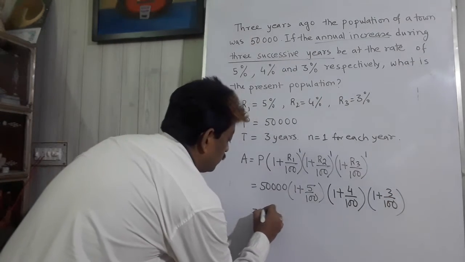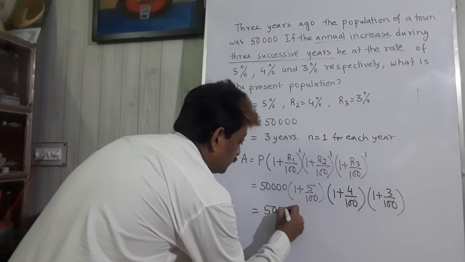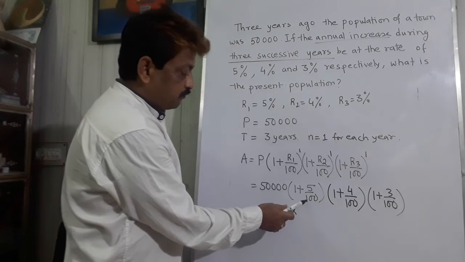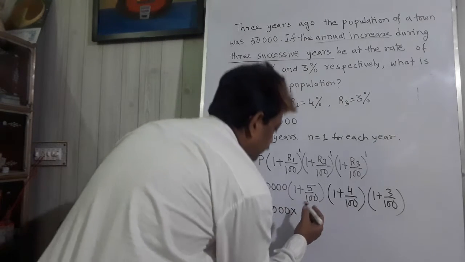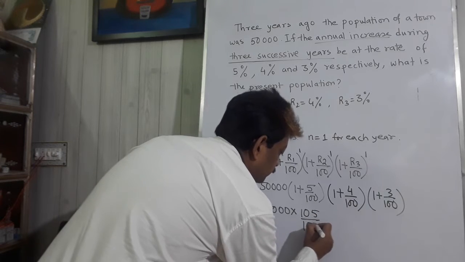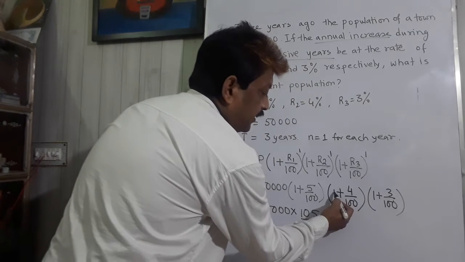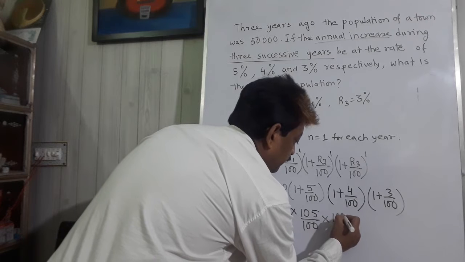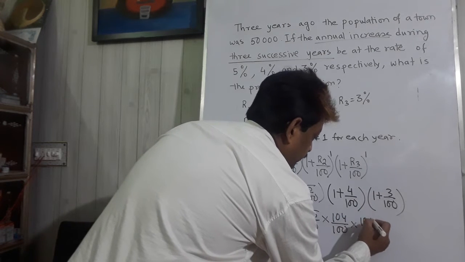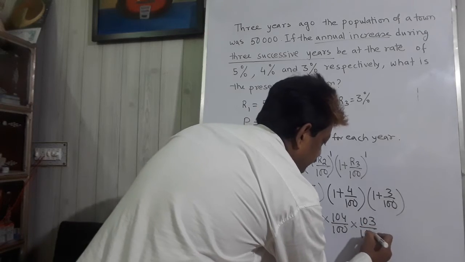Okay, so it will be 50,000. Now after LCM, it will become 100 plus 5, that is 105 by 100, then 100 plus 4, that is 104 by 100, and this will be 103 by 100.